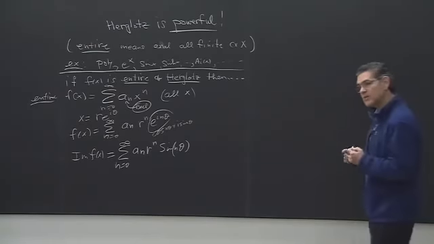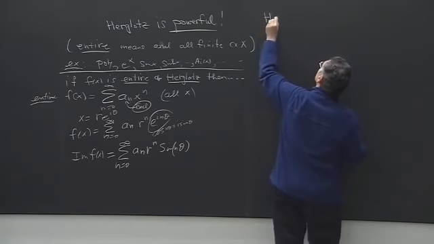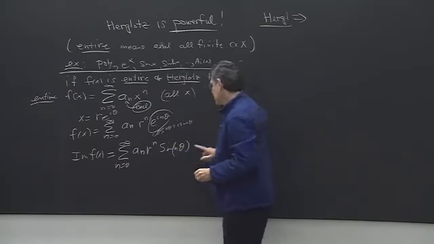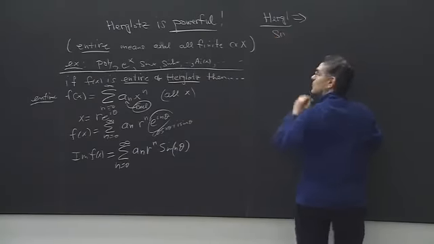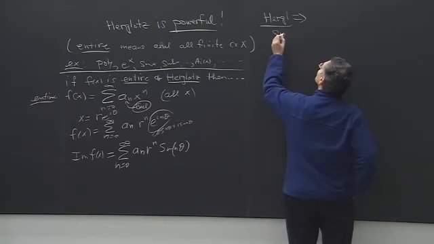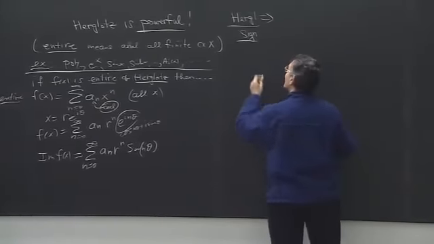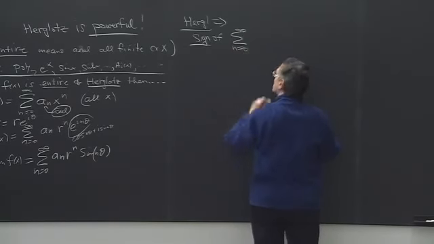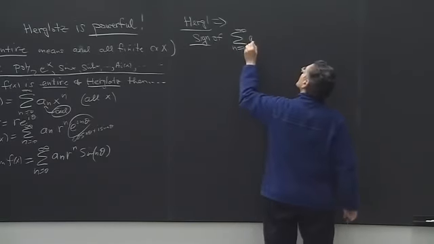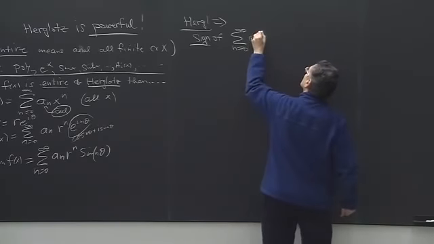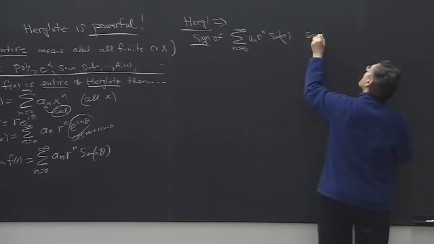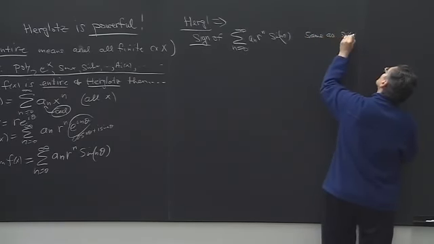Now, Herglotz means that the sign of this, okay, so now you have to listen carefully to my words because there's two words sign here, the sign with the g, of this sum from n equals 0 to infinity, a sub n r to the n sine of n theta, is the same as the sine of theta.